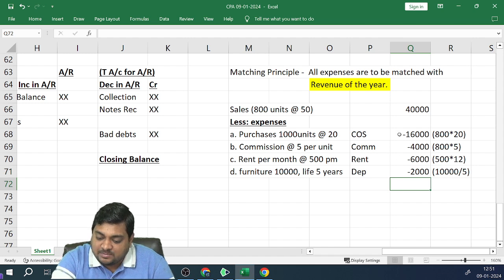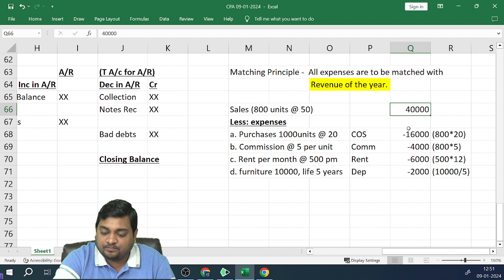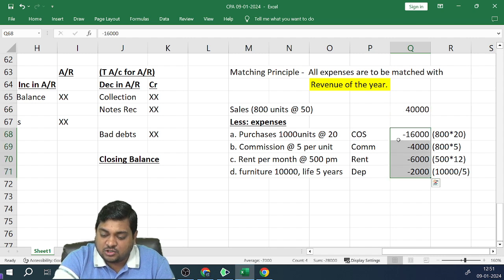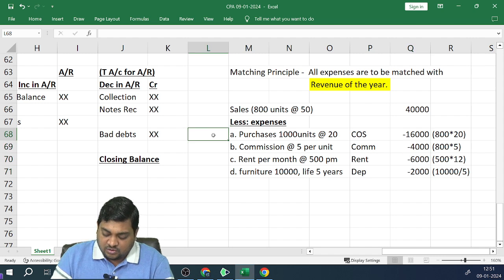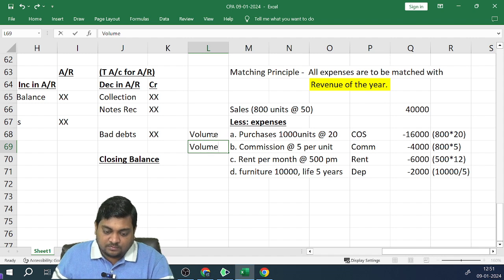So all these expenses are matched with the revenue of the year. Whatever expense we are showing, either it is related with volume or it is related with time. So this is related with volume. This is related with volume. This is related with time. This is related with time.